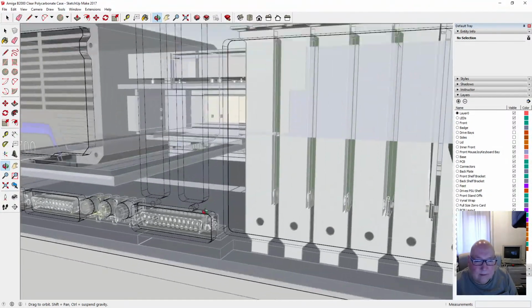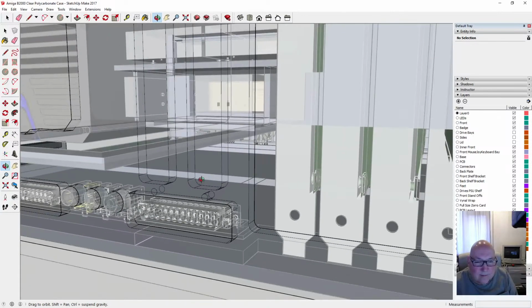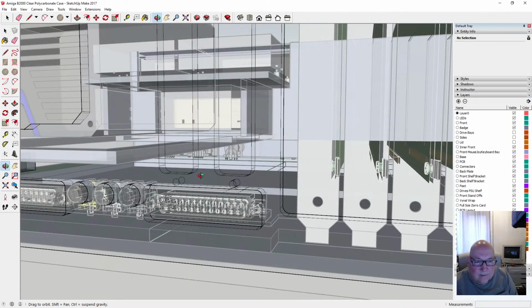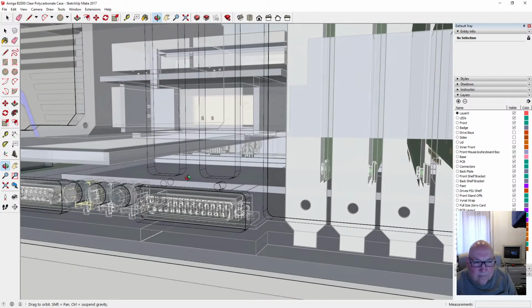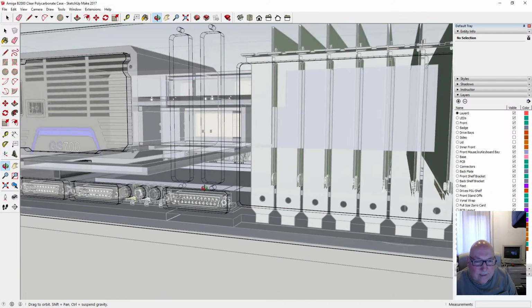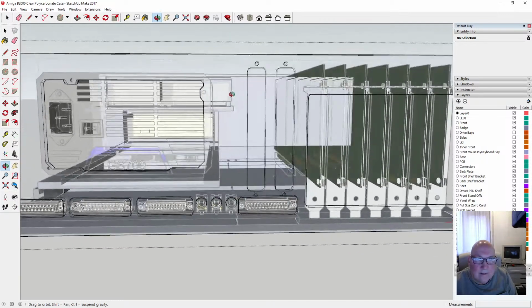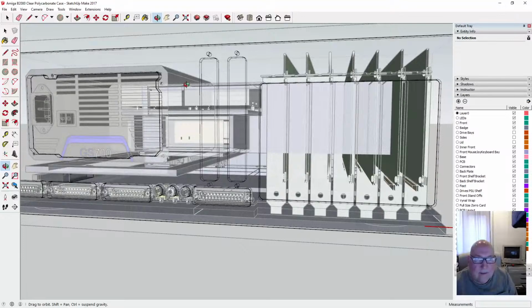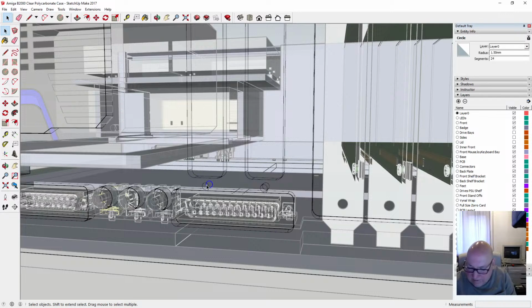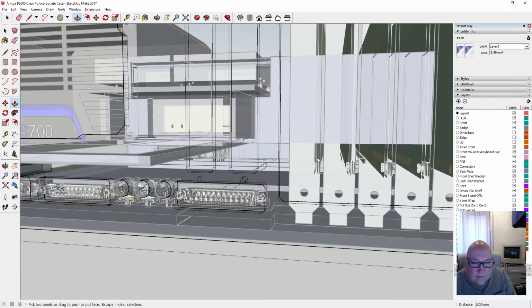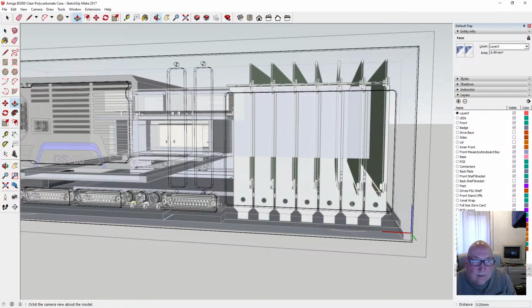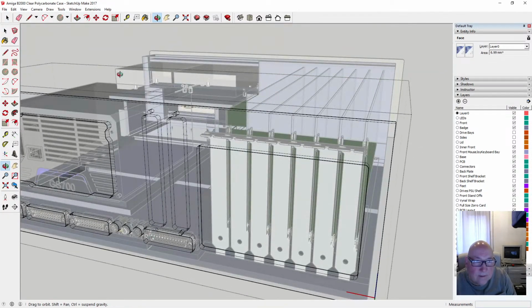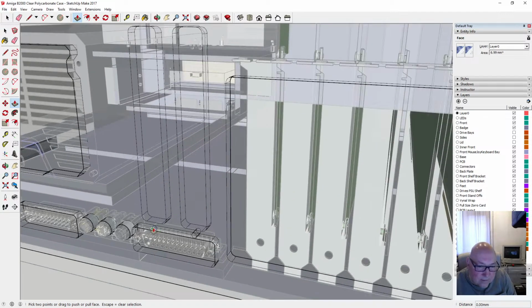Ah, see what we've got here. Alright, so we've already got the cutout, that's the problem, isn't it? Yeah, we didn't need that. Right, let's get rid of that. We're going to push it through.